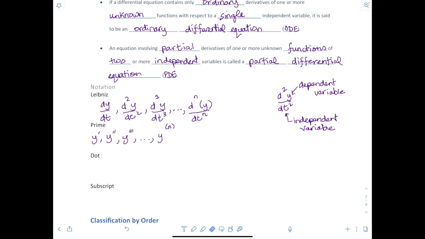And actually, this one we didn't need parentheses around. I don't want to make it confusing.